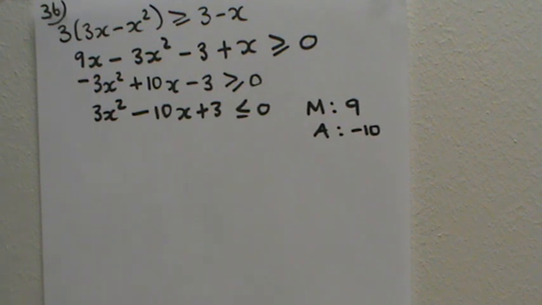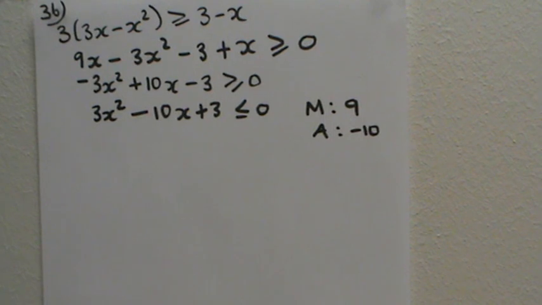The only way to really know these or how to get those numbers is if you've practiced, you should know your times table. So two numbers multiply to give me positive 9, and when I add them, they should give me negative 10. I'm sure you can say, or you should know that those two numbers are negative 9 and negative 1.